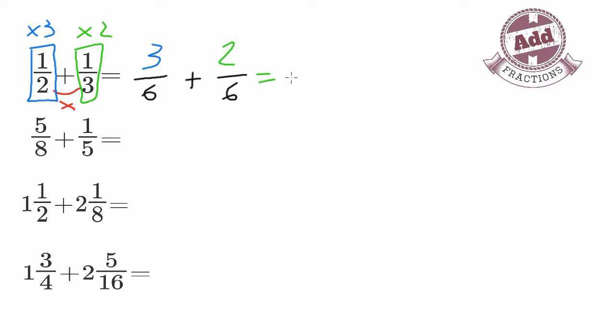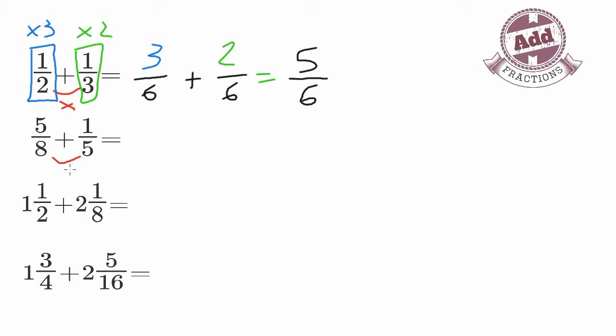So now the fraction is going to be out of 6. It's going to be a sixth. And we've got 5 parts, 3 plus 2. So 5 sixths. So again, think about stopping the video and having a go at the next problem on your own, and then come back and see if you get the same as me.